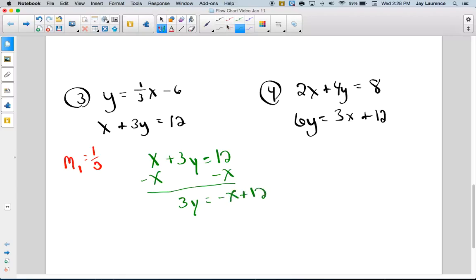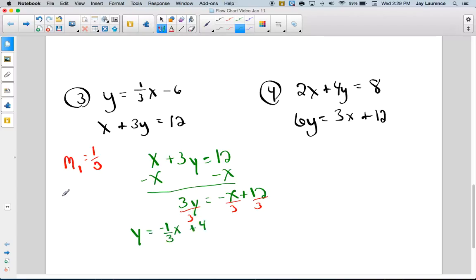Okay, now y is not alone, so I'm going to divide by 3. Divide by 3, and divide by 3. So my new equation becomes y equals -1/3 x plus 4.